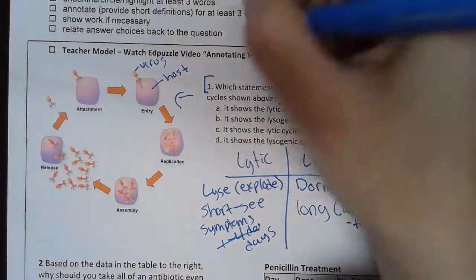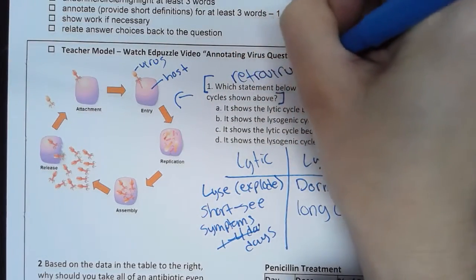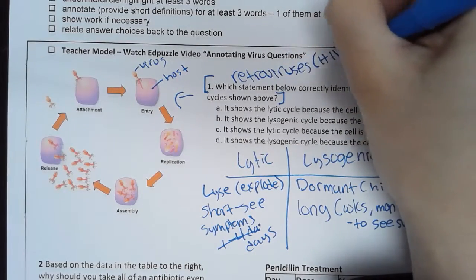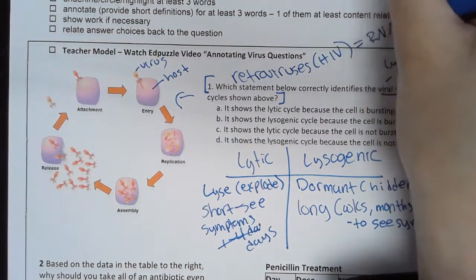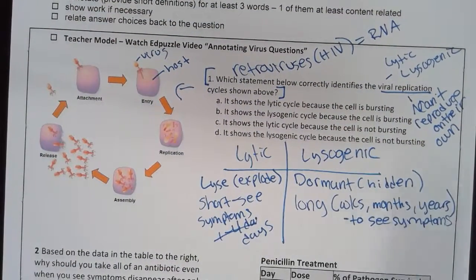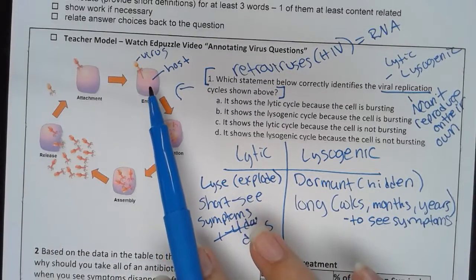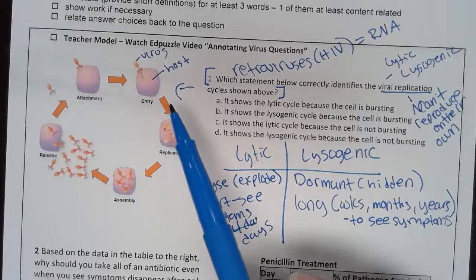Retroviruses have RNA. I'm going to put retroviruses. Retroviruses like HIV have RNA, so they input their RNA into the host cell and go from there. In lytic and lysogenic, the virus always attaches to the host because the virus cannot replicate on its own. It needs the host machinery.